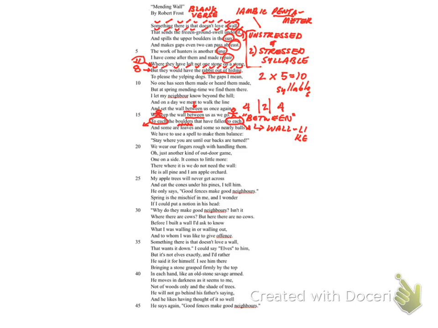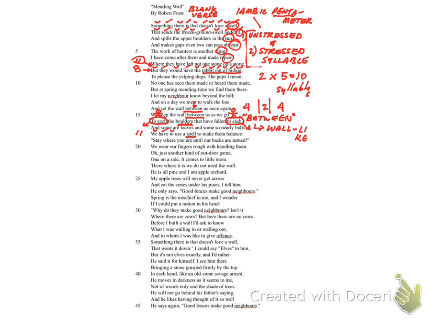We'll look at one more, or maybe we'll look at two more. I know we're running out of time here. I don't know if this video will condense, but look at line 18. We need a spell to make them balance. Here's another 11-syllable line.